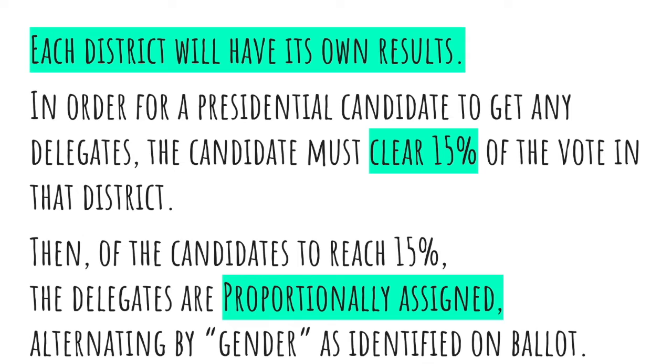So each district will have its own results. In order for any presidential candidate to get any delegates, they must clear 15% of the vote in that district. Then, of the candidates to reach 15% of the vote, the delegates are proportionally assigned, alternating by gender as identified on the ballot. I'll get more into that in a moment.